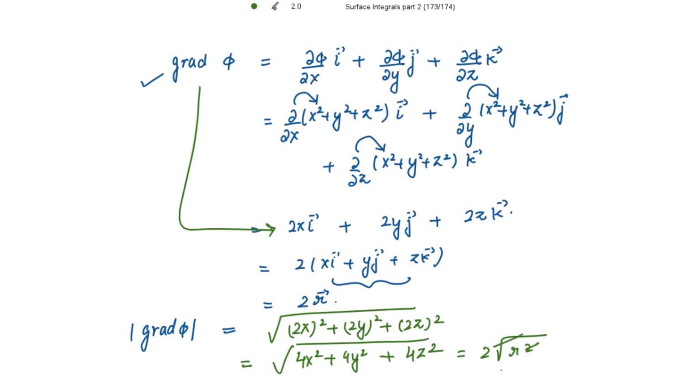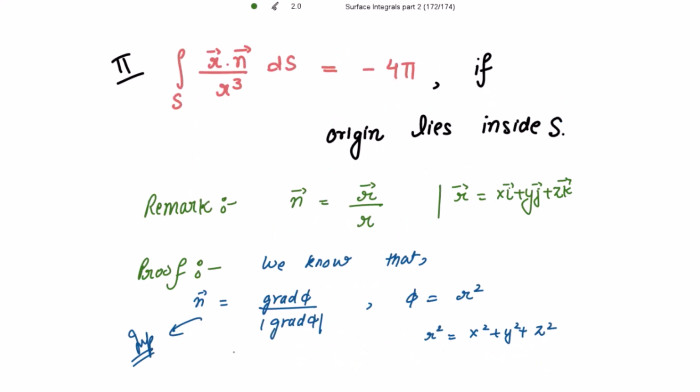And this cancelled out and we get twice of r. So mod of grad phi is twice of r. So n vector is equal to 2r vector divided by twice of r. So this 2 cancelled out and we get n vector to be r vector divided by r. So we have shown that n vector is r vector divided by r.